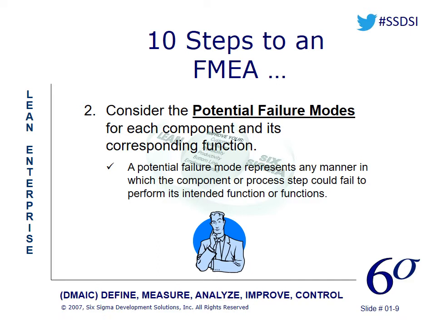Now, let's move on to considering the potential failure modes of each of those steps and inputs. A potential failure mode represents any manner in which the component or process step could fail to perform its intended function or functions.